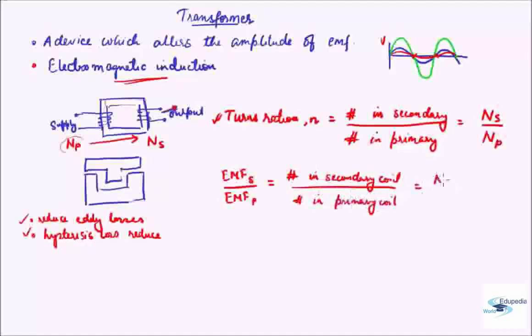That is equal to Ns upon Np, which is our turns ratio N. Right? From here what we can see is that the EMF induced in the secondary coil, that is the output which we will receive, is equal to the EMF in the primary coil times the turns ratio.